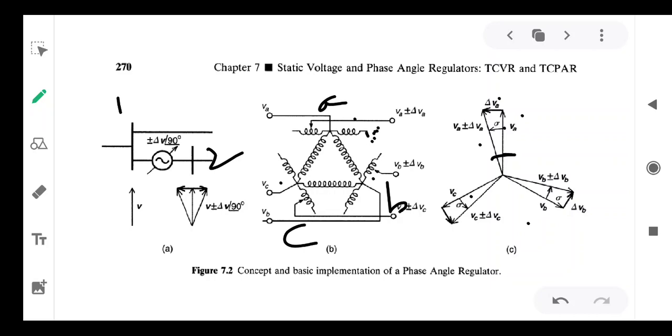When the voltage is regulated with 90 degrees with the phase voltage, plus or minus, then it is said to be phase angle regulator. You can also combine both of them.